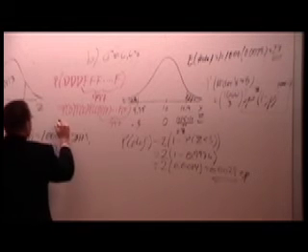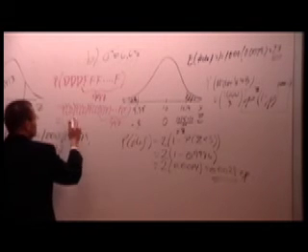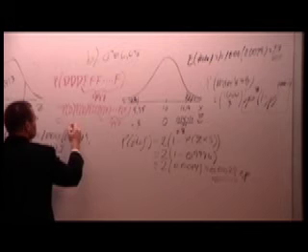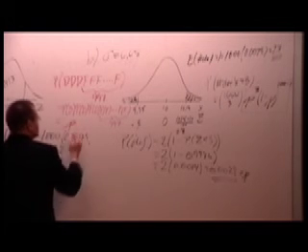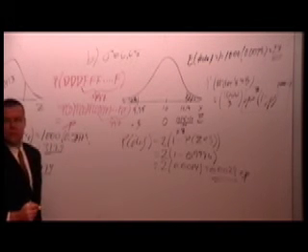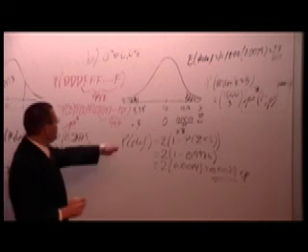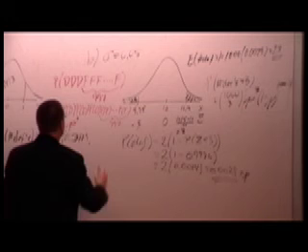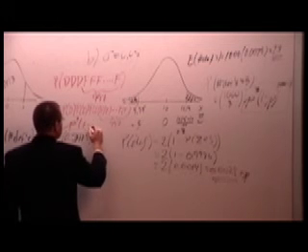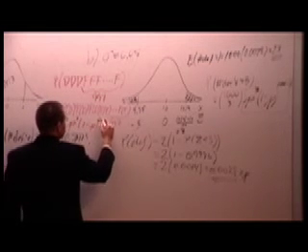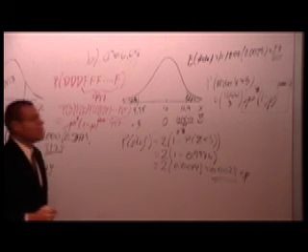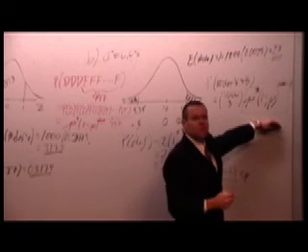Now, any one of these P of D's is a little p, and how many of those do we have? 3, so that's p to the third. There are 997 of these, so that's 1 minus p to the 997, which should be familiar.